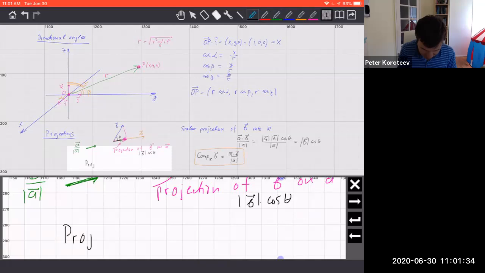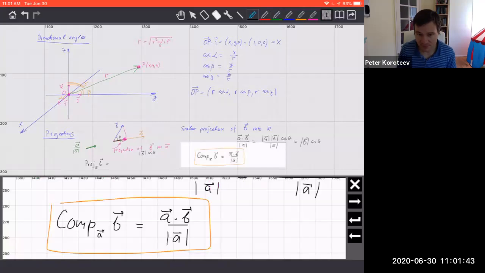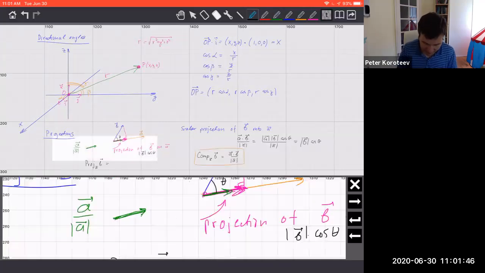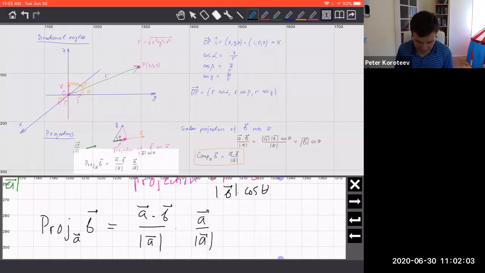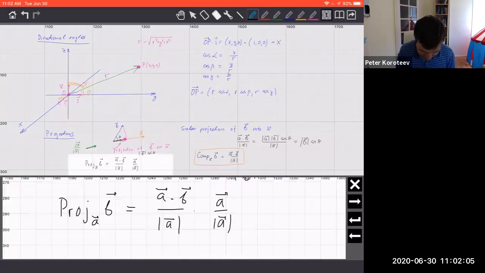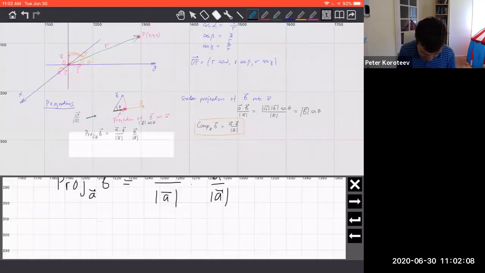So if you want to find a vector projection, this is what you need to do. You write projection of B onto A, which is now a vector quantity, and you just take this component, which is a scalar, and multiply it by the unit vector in the direction of vector A, right? So we just do A dot B divided by absolute value of A, times A divided by absolute value of A. And if you wish, you can put them under the same denominator.